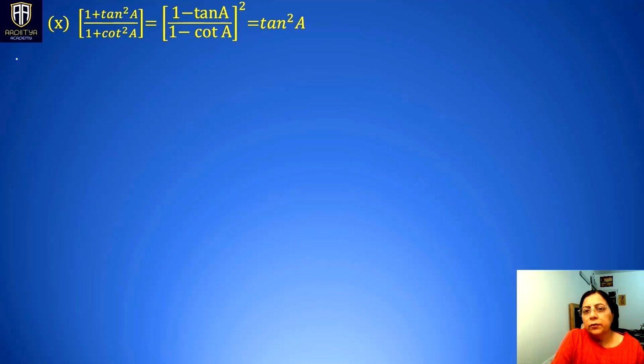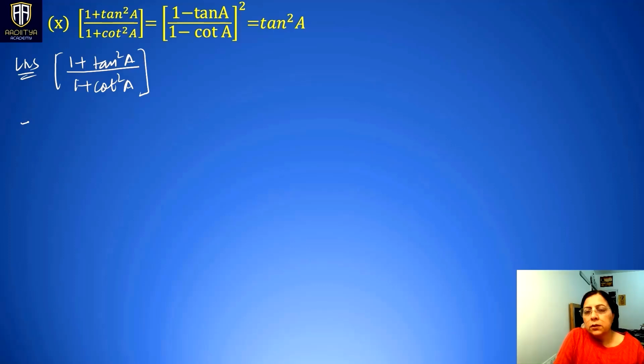Right? Now the last question is, we have left hand side. This is equal to, note it down, 1 plus tan square A upon 1 plus cot square A. This has got two different parts.